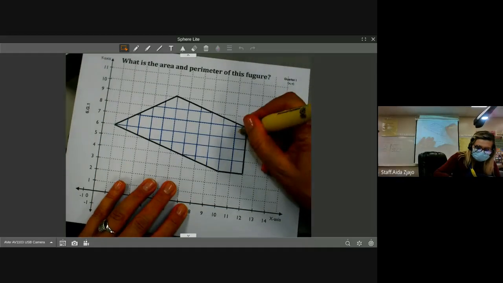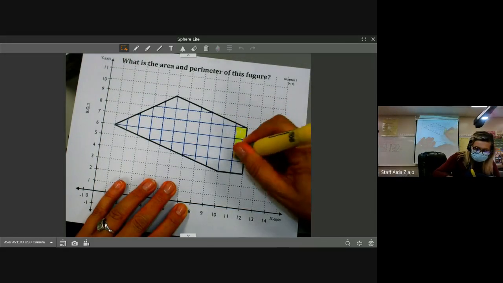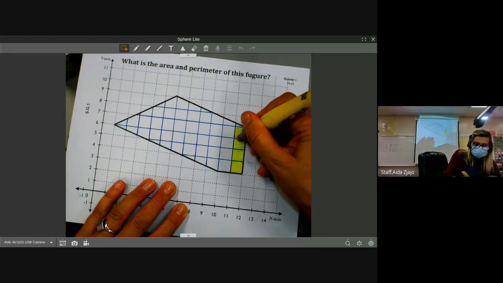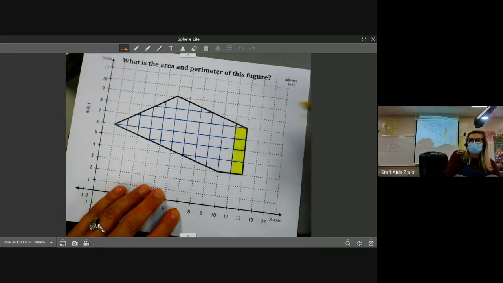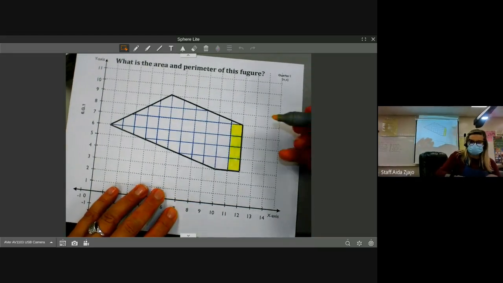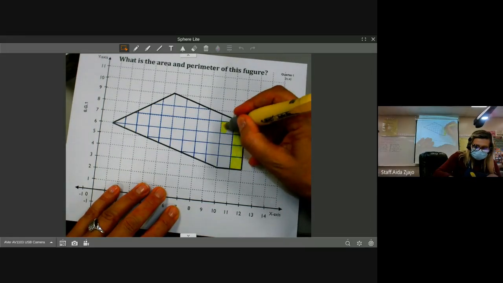I can see that I have a whole square here and all the way to the bottom because this is a right angle here. So these are my whole squares. Right now, 1, 2, 3, 4 square units I created and highlighted. And then you should do the same.